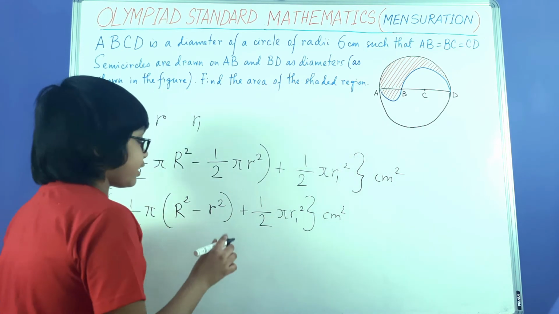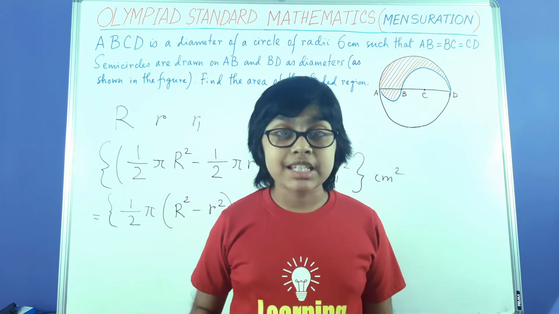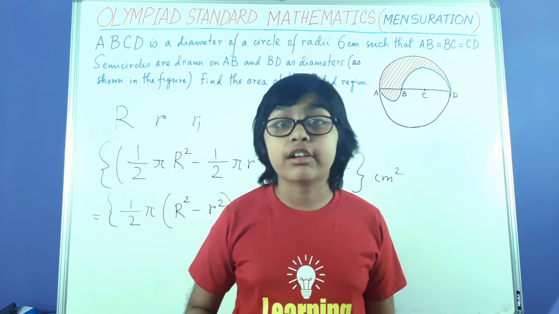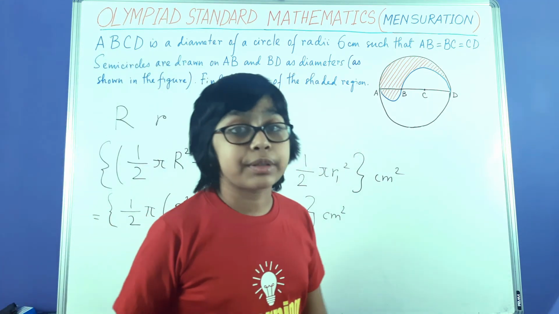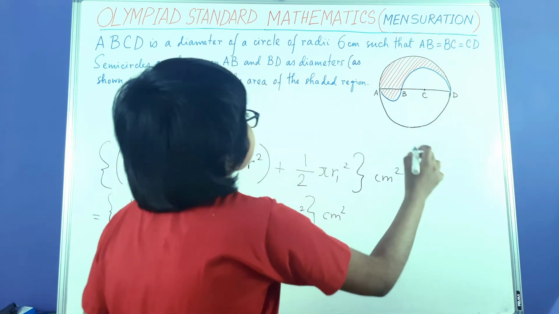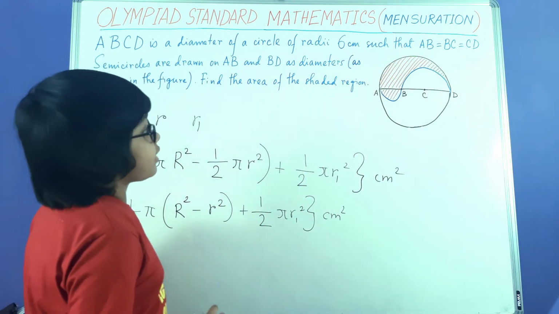To go further, we need to do some mental calculations, which are very easy. Capital R is already given in the question: the radius of the big circle, 6. So we can easily replace that value.